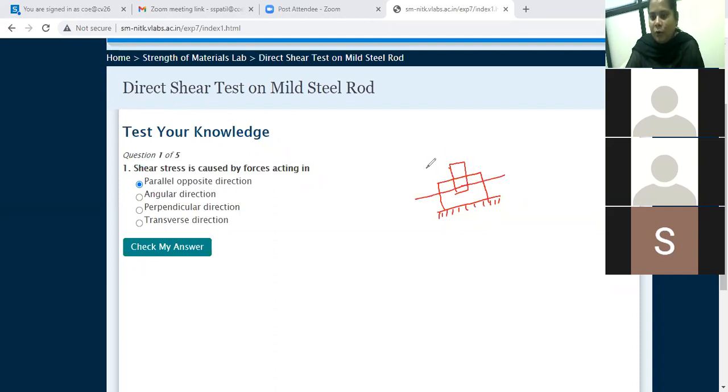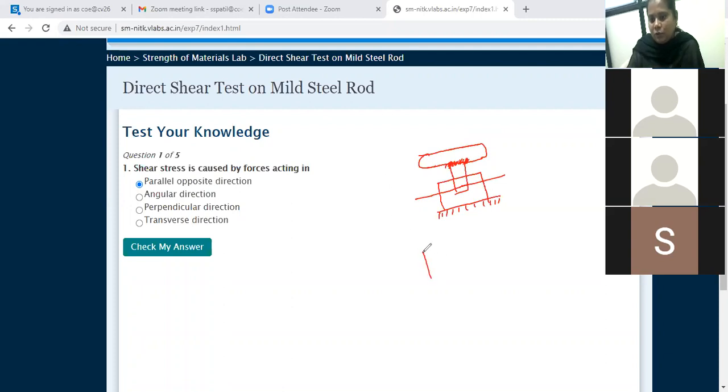Now our load is applied by this intermediate crosshead. The load is applied parallel here, meaning we apply the load in the same way as the rod is fixed. So it is a parallel and opposite direction.